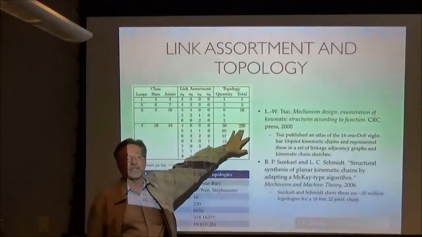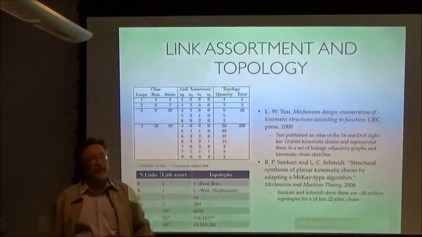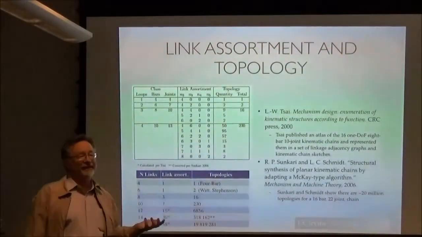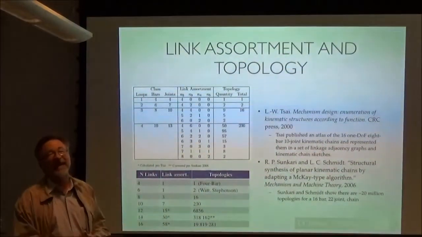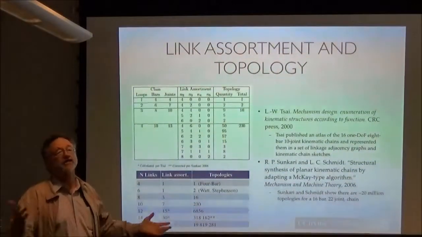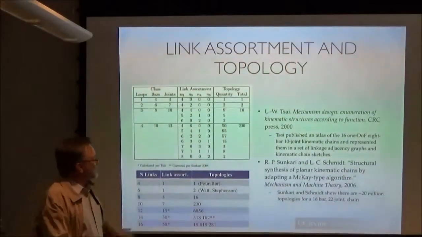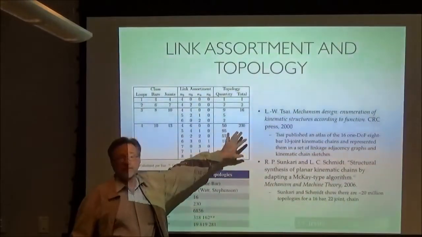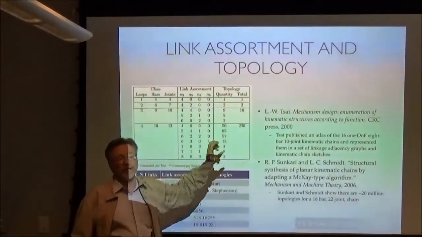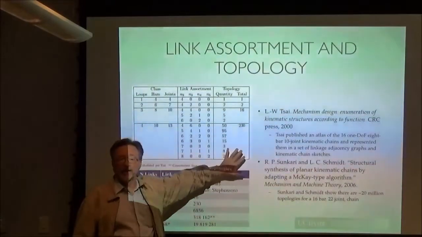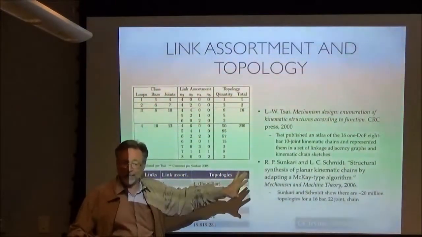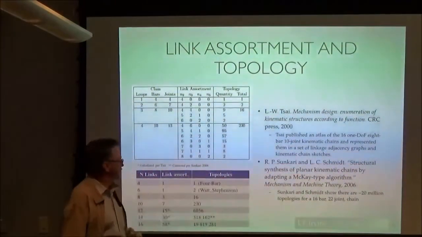This is Erskine Crossley's famous result, and he almost single-handedly founded the International Federation for the Promotion of Mechanism and Machine Science. Trying to turn this result into something practical so that we can actually design something is where my students and I are at the moment.